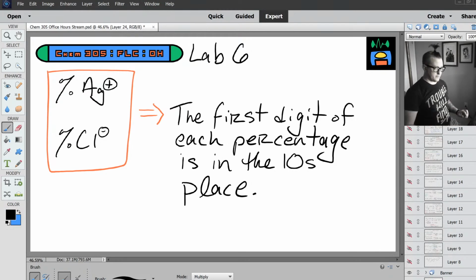Okay, you did want question 3 from the part that says questions. Okay, let's see. Based on your limiting reactant, calculate the theoretical yield of silver chloride in grams.